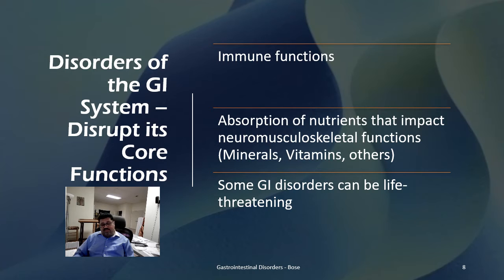Some examples of building blocks include the necessity for something like vitamin B12. Vitamin B12 is useful for the health of the spinal cord as well as for the production of red blood cells. So any mechanism that is involved in the absorption of vitamin B12 is going to impair its building function.